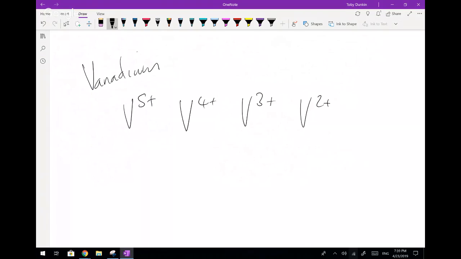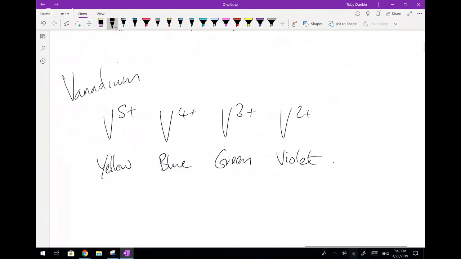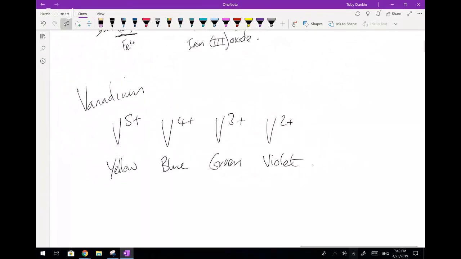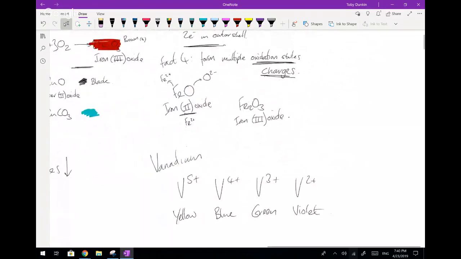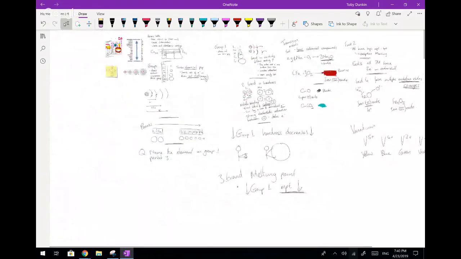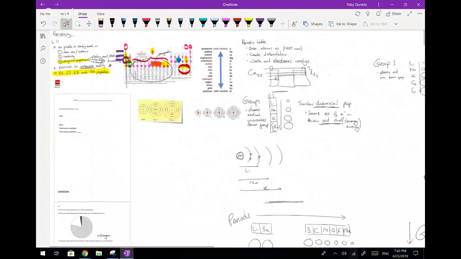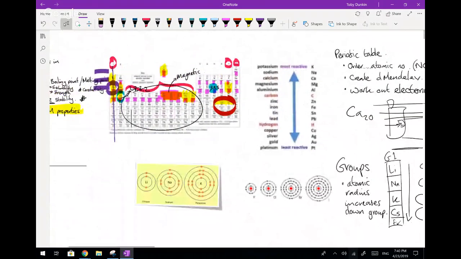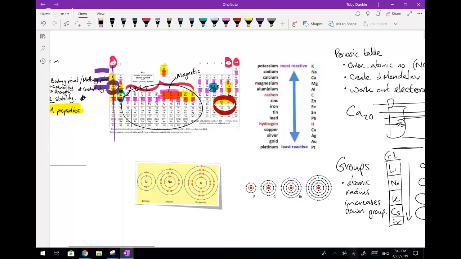So vanadium 5 plus is yellow, and then V4 plus is blue, and then V3 plus is green, and V2 plus is violet, which is kind of cool. So each of these charges, they form these multiple charges and therefore multiple different colors as well. So the transition metals are a nice, easy set of metals, but in terms of trends, there aren't really many.